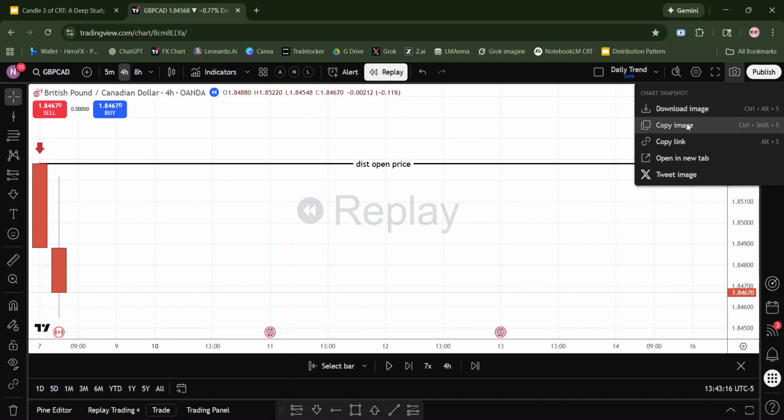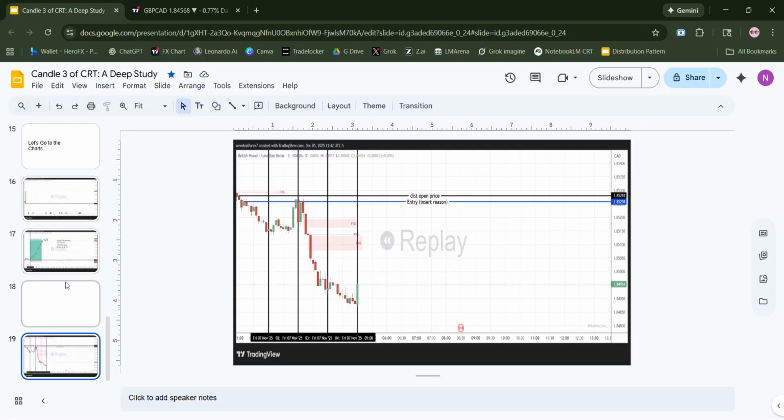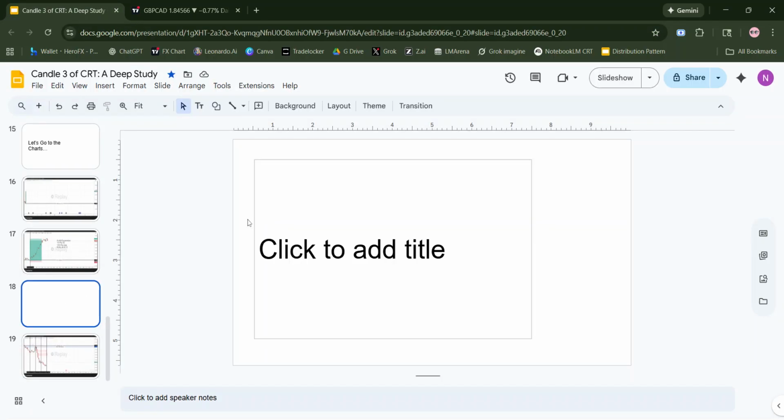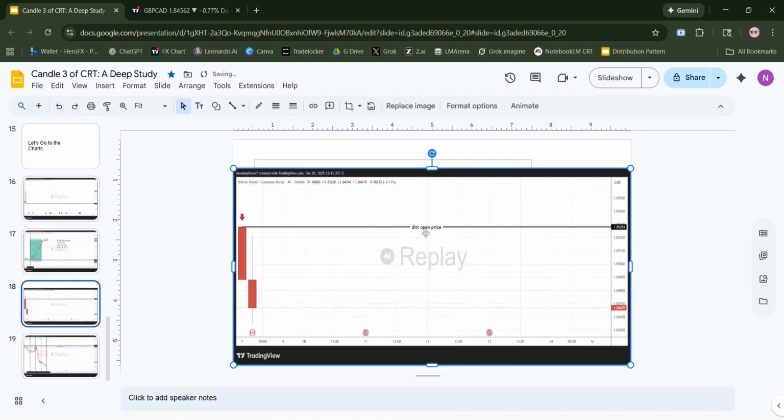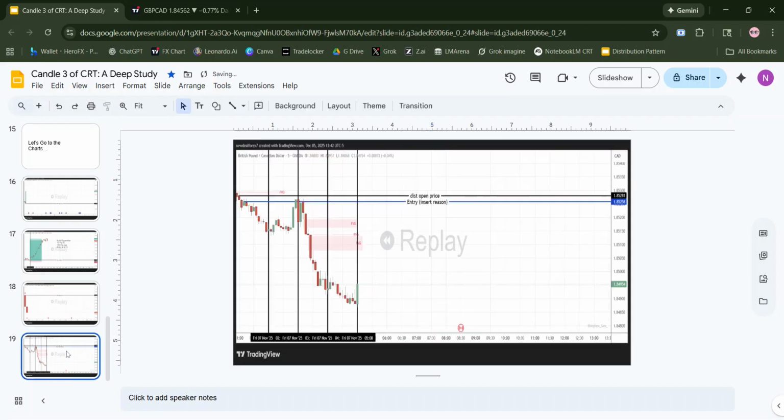Take a snapshot and paste it right there.